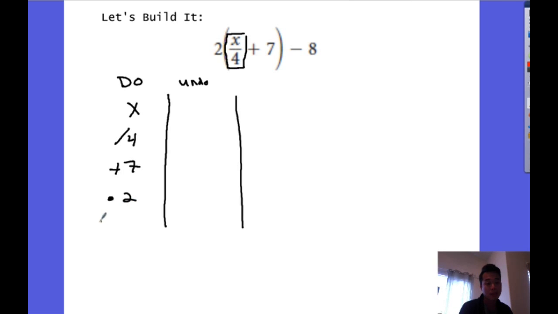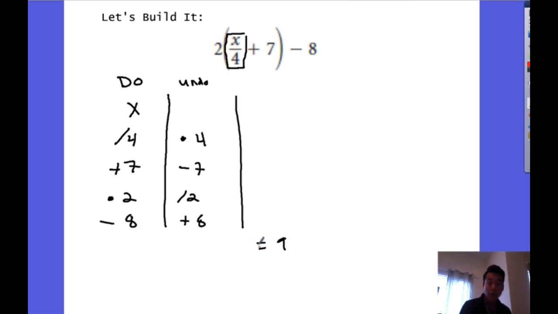And then lastly, 8 gets taken away from the left side. So if I'm going to undo this, unwrap it, so to speak, the first thing I need to do is add 8. Divide by 2, subtract 7, multiply by 4.